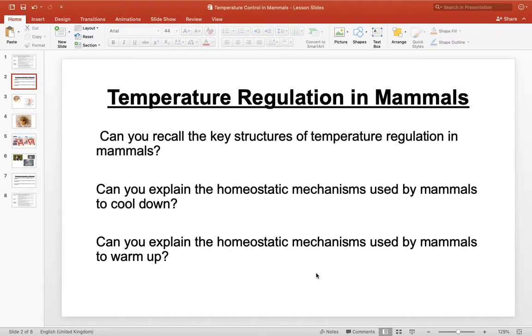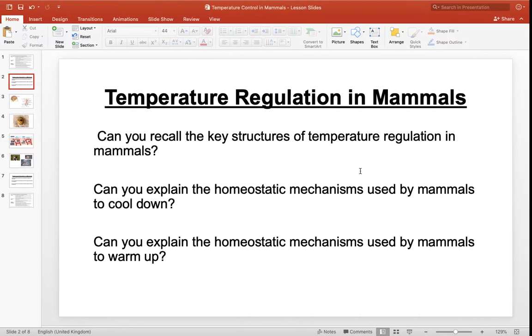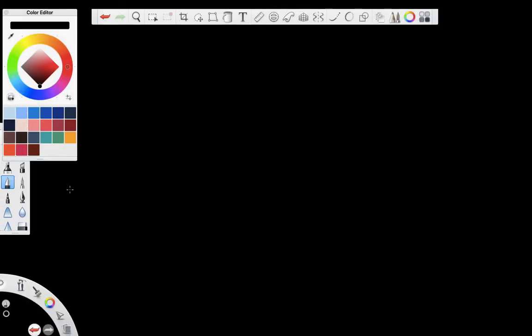Okay, so if you could write the title, Temperature Regulation in Mammals, we'll make a start. So, we said in the previous video that optimum temperature inside mammals, inside humans in particular, is 37 degrees Celsius.